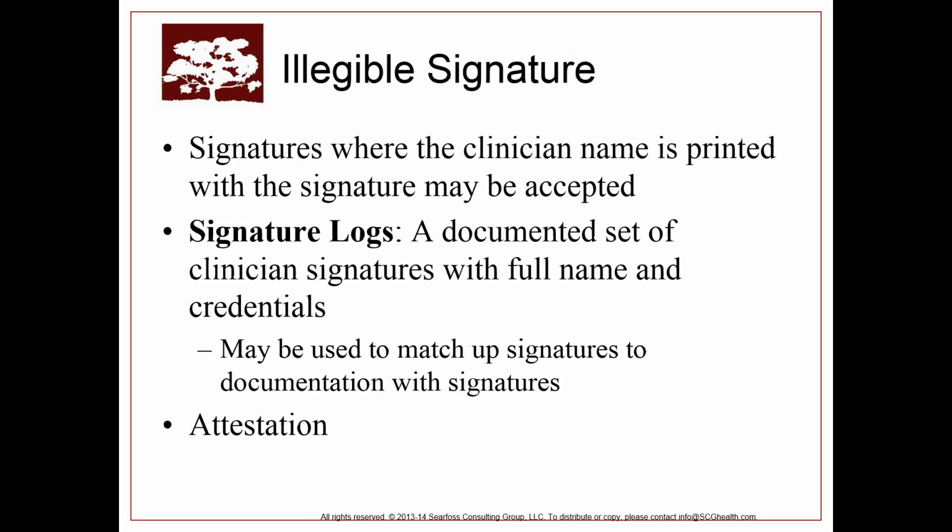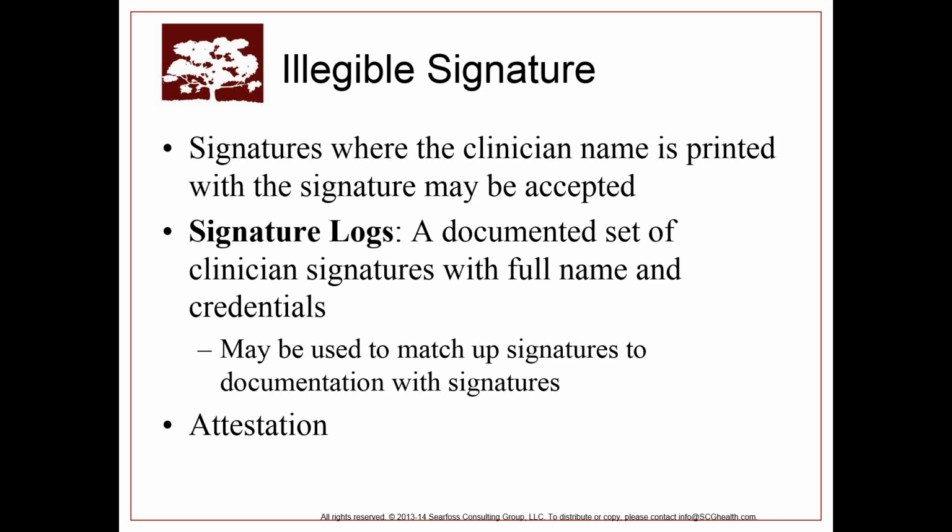So, illegible signatures. Here's what I can tell you. Every doctor I've worked with has a first letter that is somewhat able to be deciphered, and the rest of it you can't read. Quite honestly, that's quite true even for my own signature. Because of that, there are two things you can do. One is to put the name of the physician underneath the signature so that you can identify it.